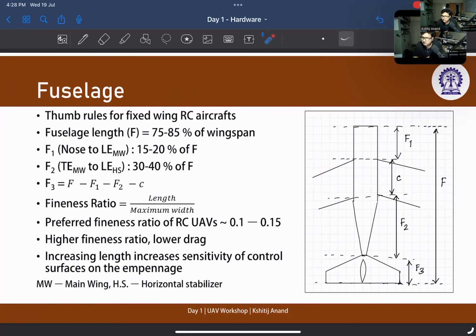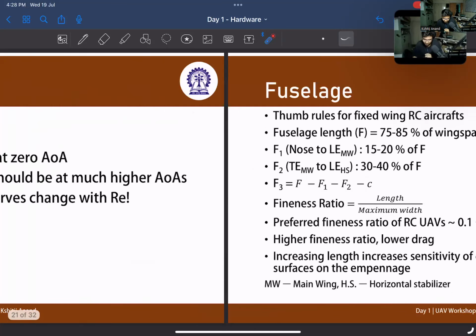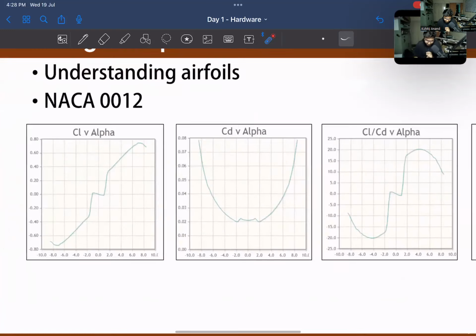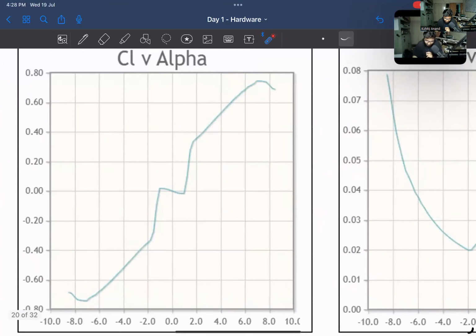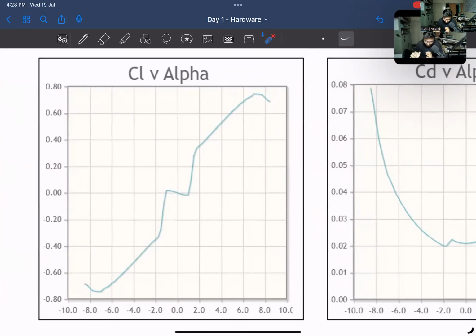Why is there a negative lift after the zero? Yeah, so basically what is happening is, you are going to have to see the change of flow field.